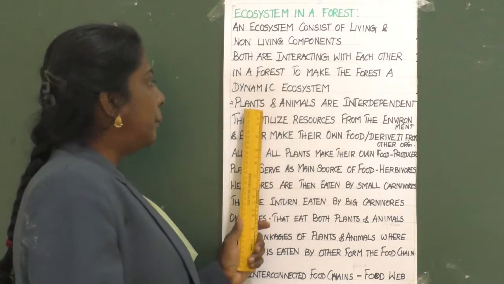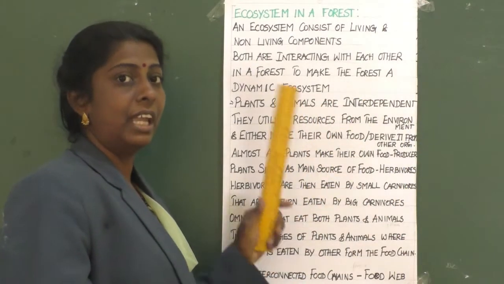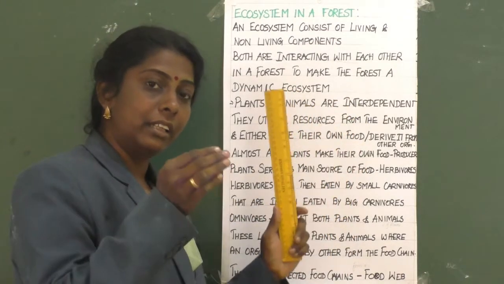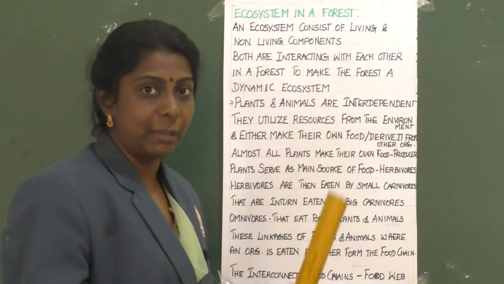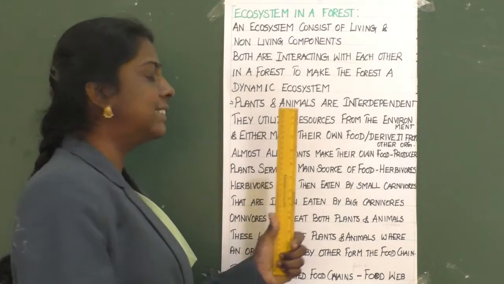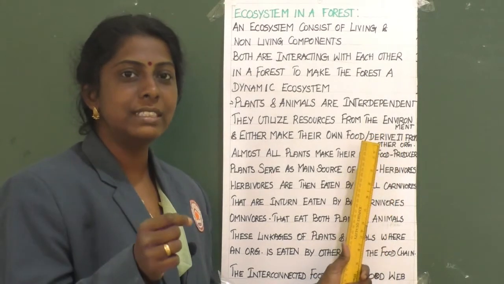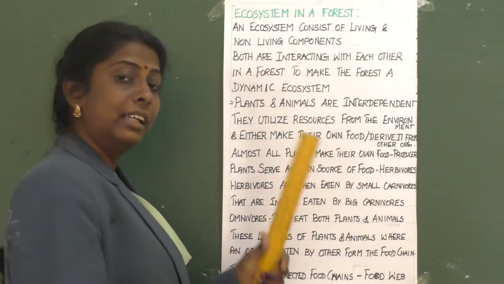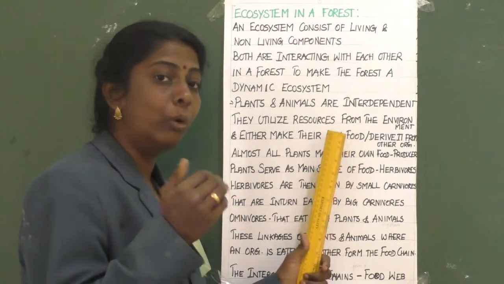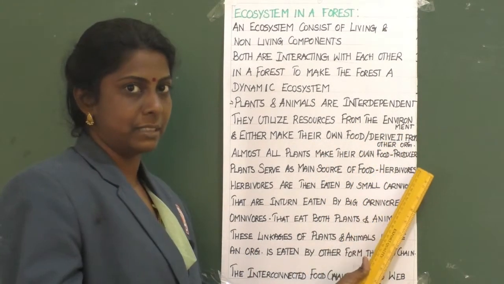Plants and animals are interdependent. Both of them are needed for their survival. They utilize resources from the environment and either make their own food, or else derive it from other organisms.